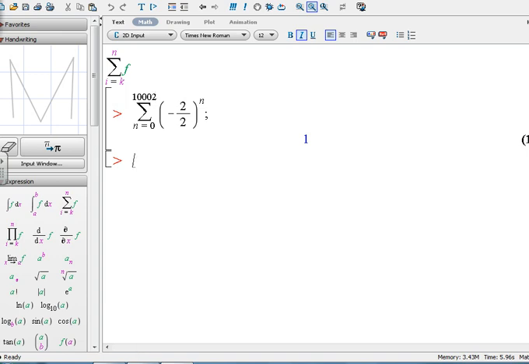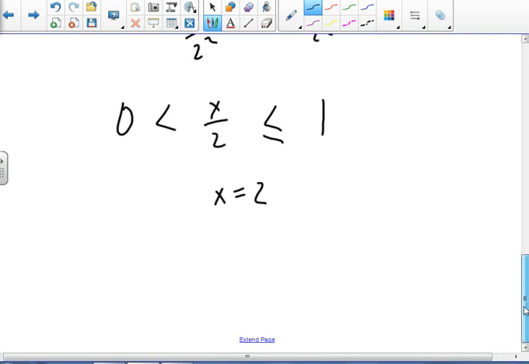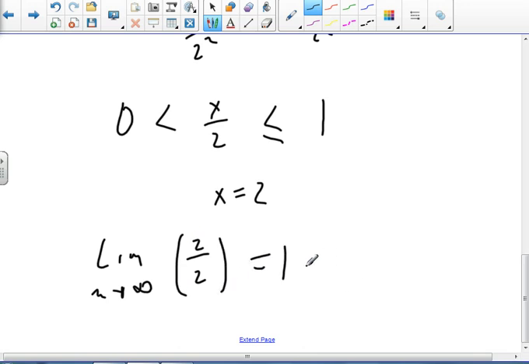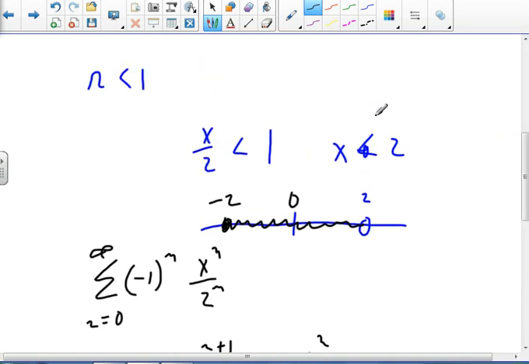Why not? Because I forgot to take the limit as n goes to infinity of that 2 over 2 guy, which is 1, right? And I can't have a 1 there. That's got to go to 0. Yeah, the alternating series test, the term has got to go to 0, and it's going to 1. So that means I can't include minus 2.